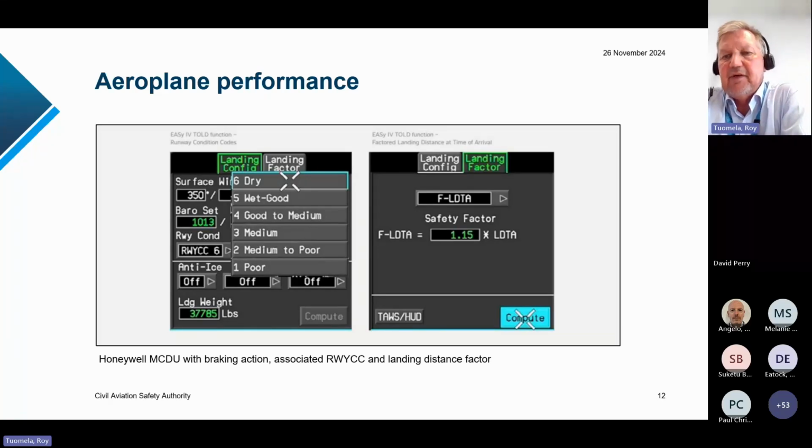So if there is an uncontrolled aerodrome, then it is a responsibility for the pilots under Part 91 to advise the aerodrome operator that the braking action was not as good as expected. So instead of being good, it was fair to good, or medium to good. That would indicate that the runway surface is potentially slippery wet.